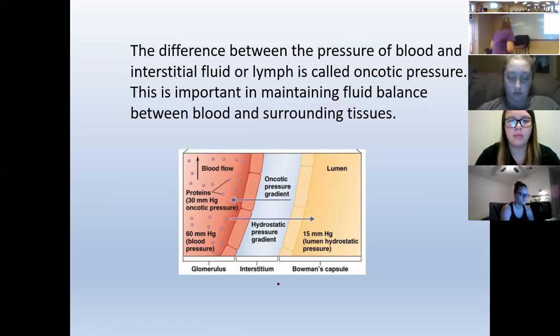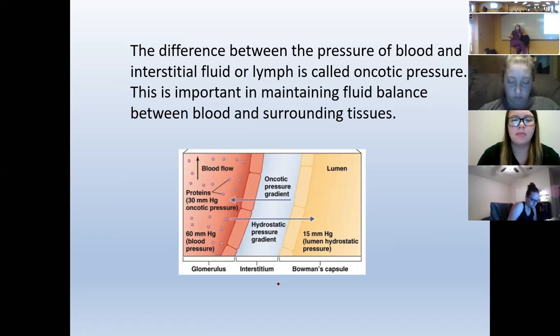The difference between our pressures in our blood and our tissues is known as oncotic. So you have blood pressure, which is obviously the pressure of blood. Every time your heart beats, it splooshes out some blood, and the pressure on the inside of your blood vessels equals your blood pressure.